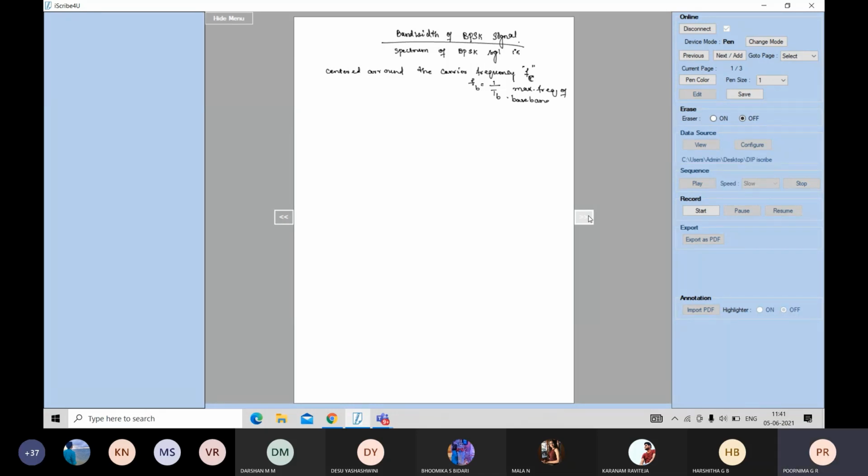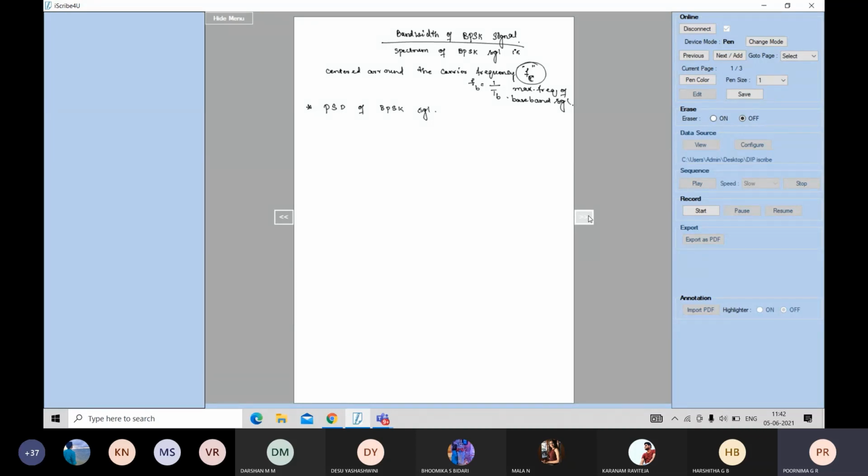This baseband signal is centered around the carrier frequency FC, so you can represent the power spectral density function of this BPSK signal. The derivation is not covered here; it is a qualitative analysis only.